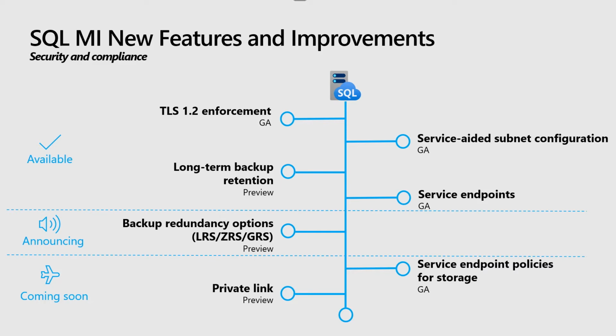Now, all the rules added by service-aided subnet configuration are transparent to you, so you can see all of them. They have a prefix in the name so that you can see that those rules have been added by the system.